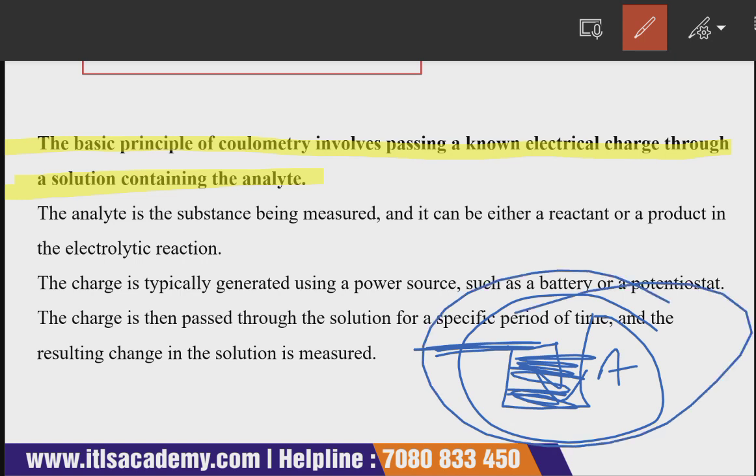Okay, so the analyte is the substance that is being measured, because in every analytical technique you basically measure the analyte. So the analyte is the substance that is to be measured, and it can be either a reactant or a product. Irrespective of that, it will measure either the reactant or the product.